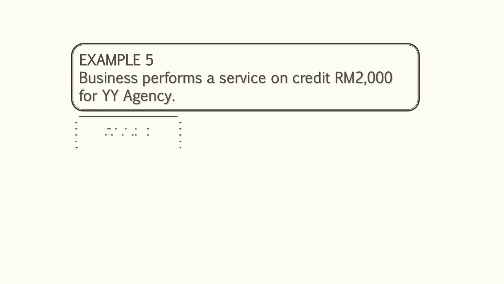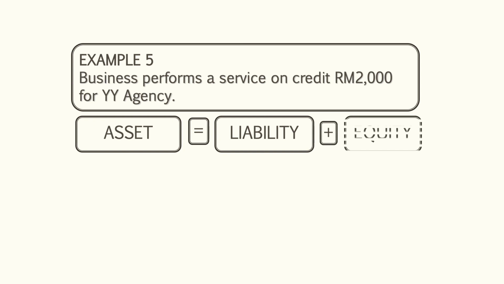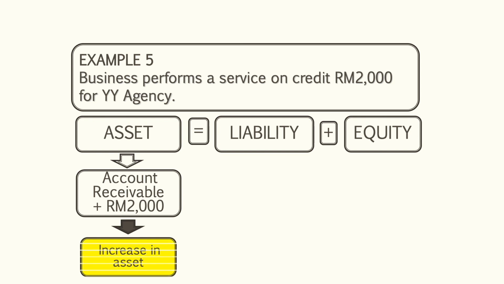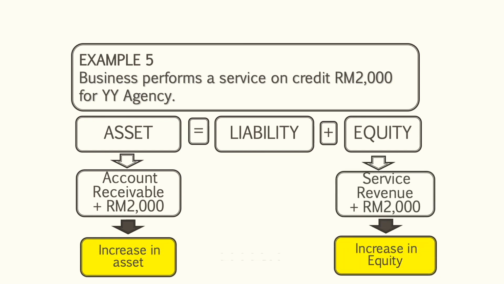Our asset will increase RM 2000 under the item of account receivable, akaun belum terima. At the same time, we can see the equity part will also increase RM 2000 under the item of service revenue. For this transaction, we can see that an increase in asset will also result in an increase in equity.